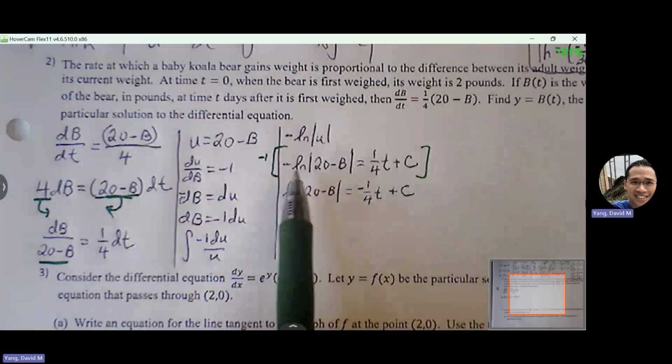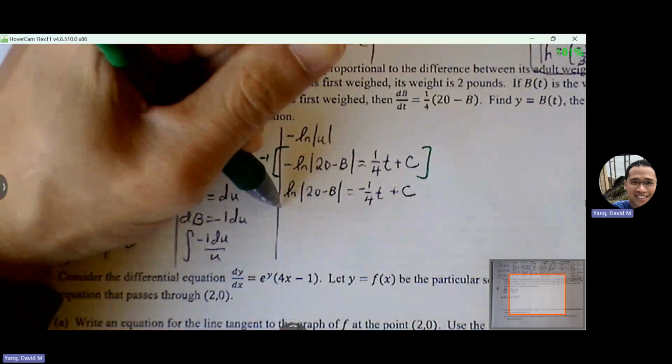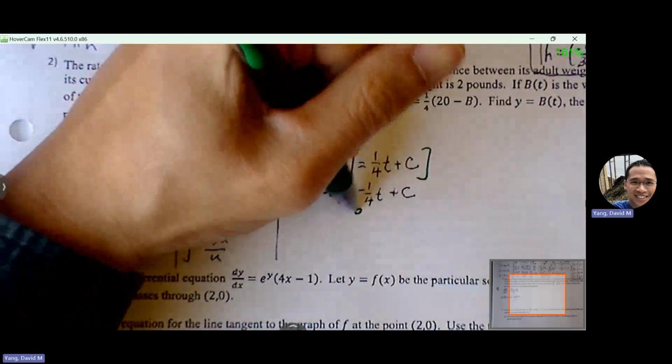All right, so now this left side is a little bit cleaner. We can involve e and natural log to get that canceling out that we want.